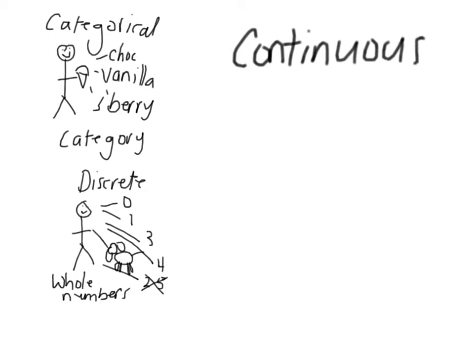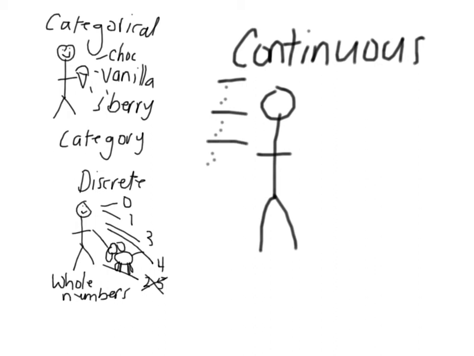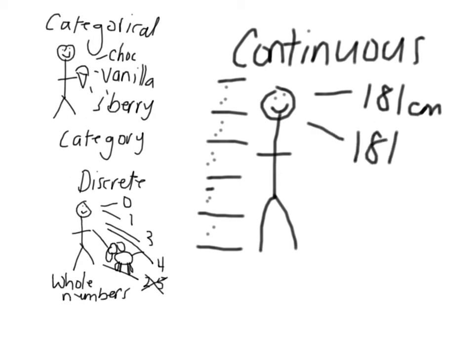Now, with continuous data, there can always be a different answer. The way to describe that is that you might ask someone how tall they are, and you'll see that their height could possibly always be different. So a person might say to you, look, I'm 181 centimetres tall. Or they could say, I'm 181.7 centimetres tall.